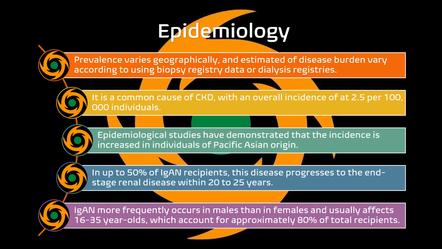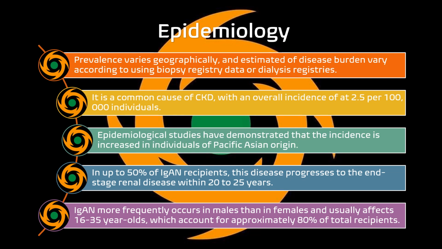Epidemiological investigations have demonstrated that the incidence is increased in individuals of Pacific Asian origin, and in up to around 50% of IgA nephropathy recipients, the disease progresses to end-stage renal disease within 20 to 25 years of diagnosis.